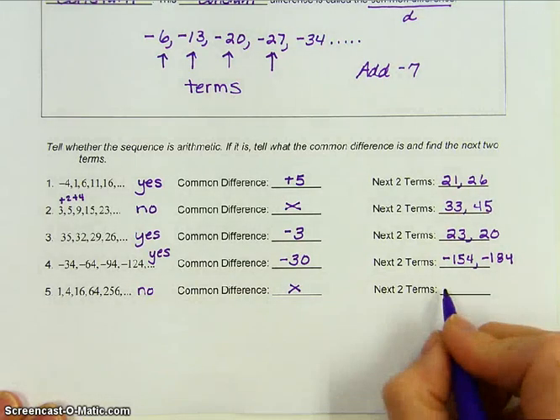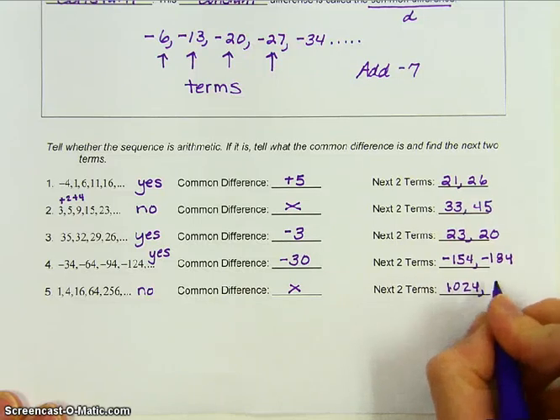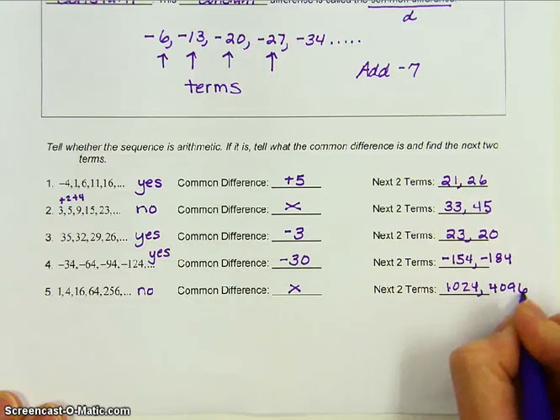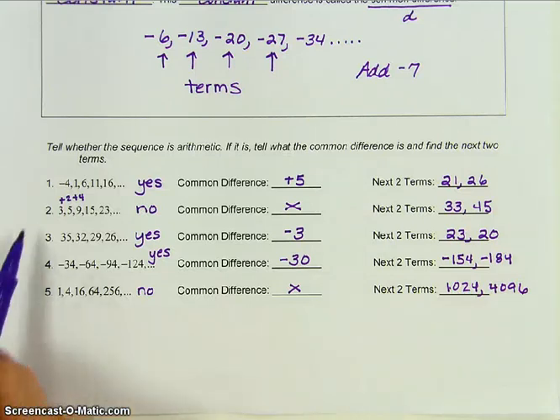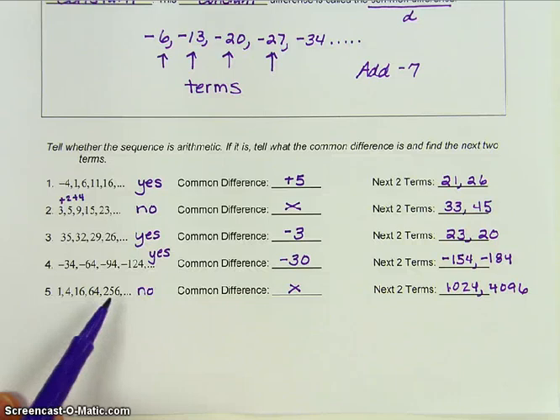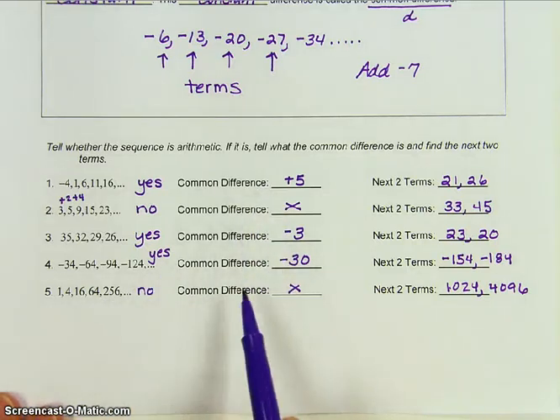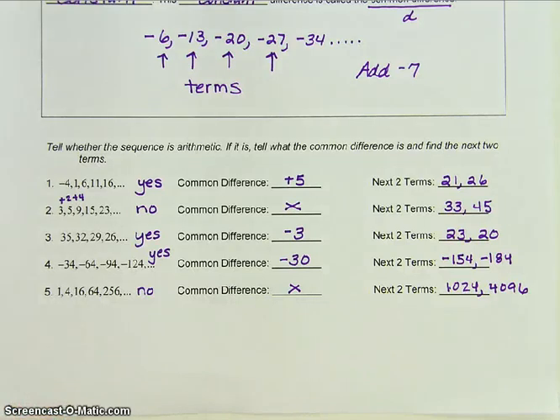However, you can fill out the pattern as 1024 and 4096. So today we will not really talk about 2 or 5 because they're not arithmetic. We will only talk about the ones with common differences because those are linear.